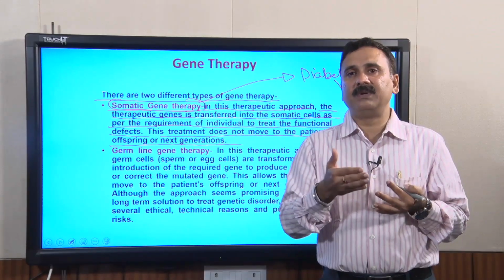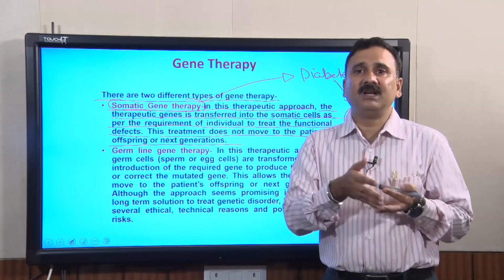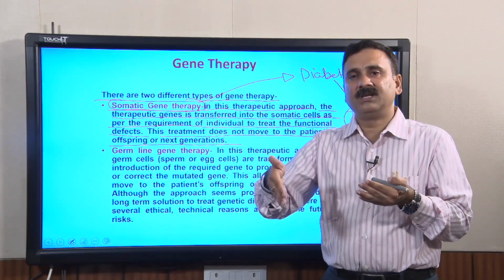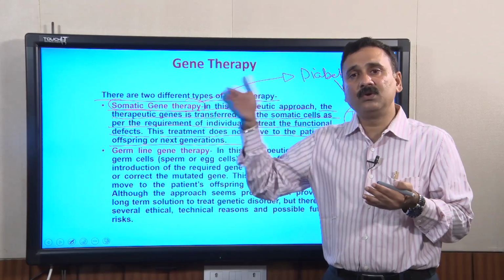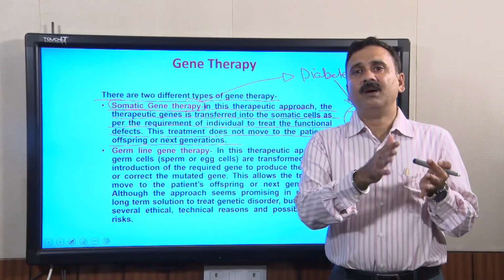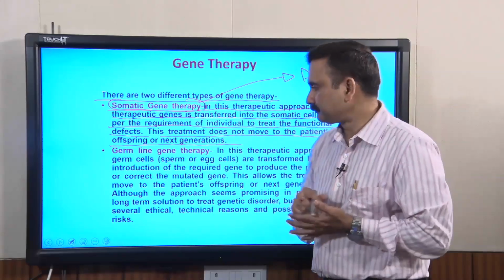It is not going to happen in the germline cells, which means this information is not present in the germline cells. So, it will not transfer from one generation to another. It will give a permanent cure for that particular individual, but not a cure for the offspring.